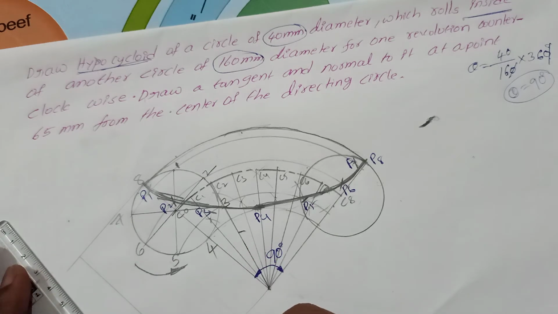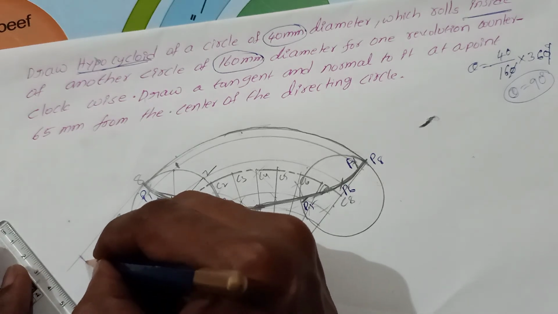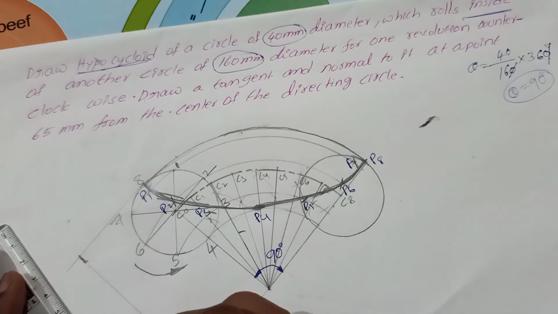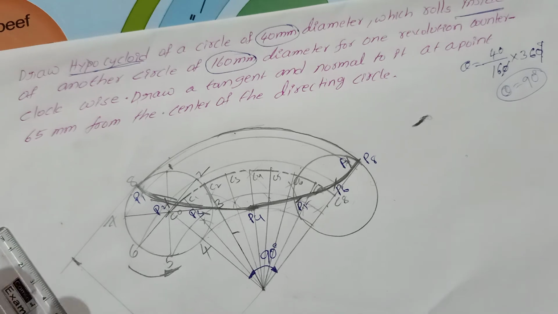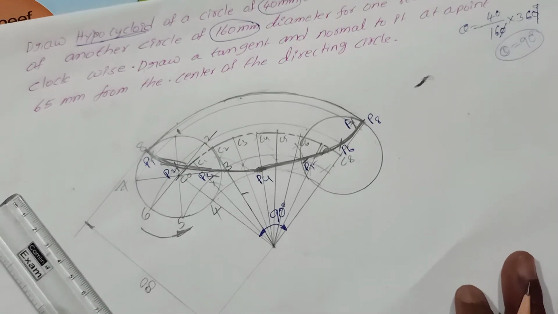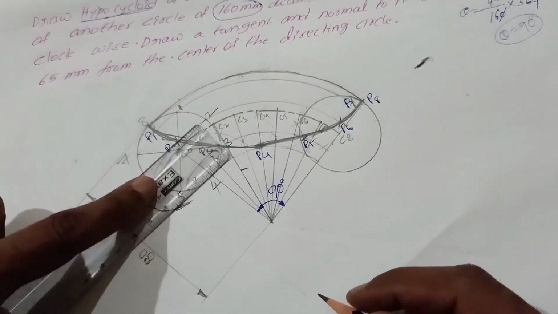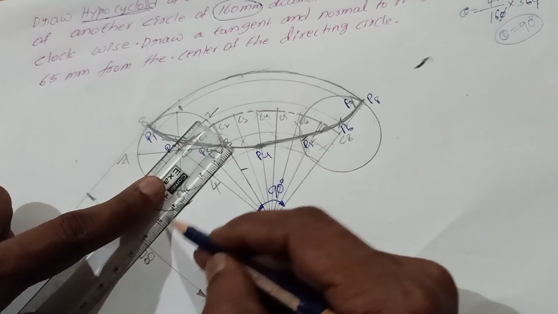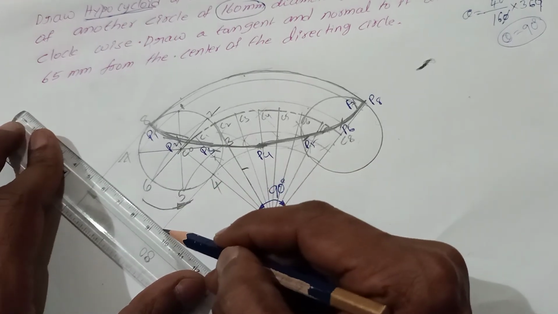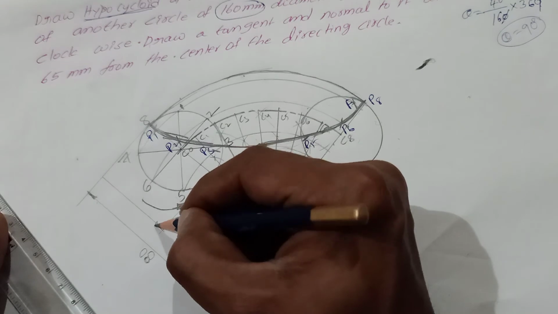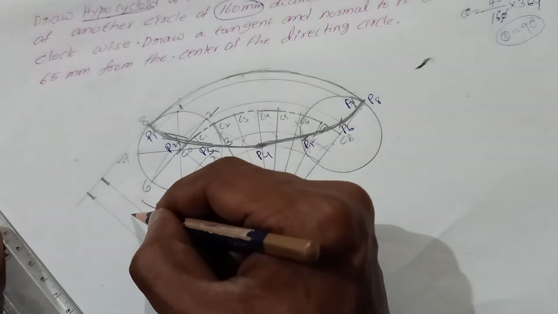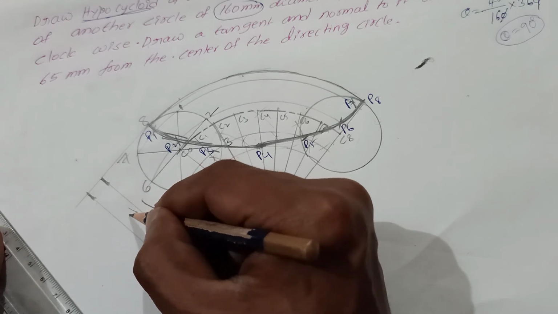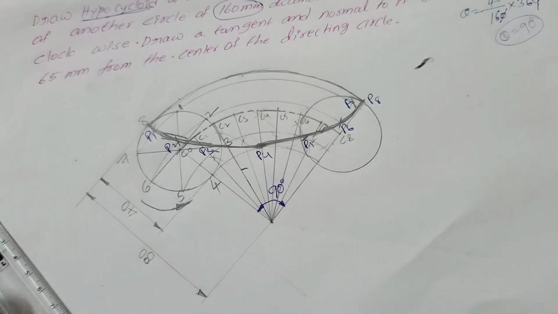Show this as 80 and show the circle radius as 40.